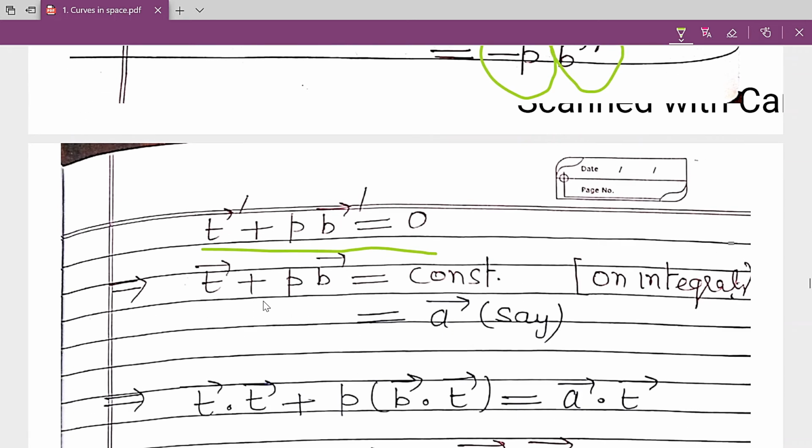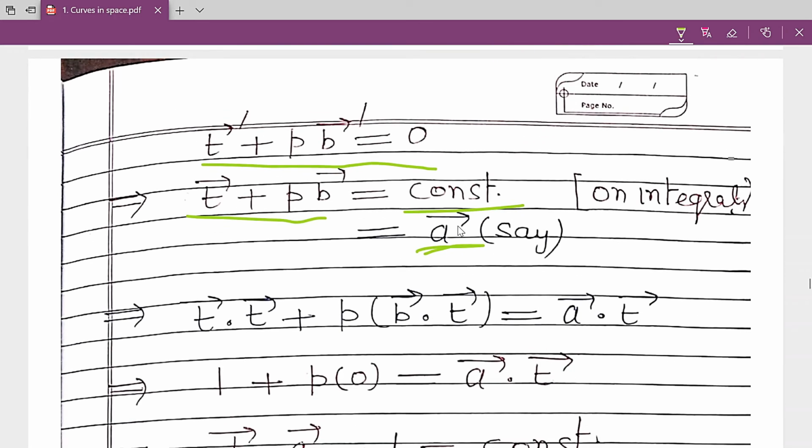Now integrating on both sides, t plus p b vector is constant, say it is a vector, because it is constant. Now to find the angle between a and t, take the dot product with the t vector. So this will be t dot t, which is 1, and b dot t, which is 0, and this is a dot t.